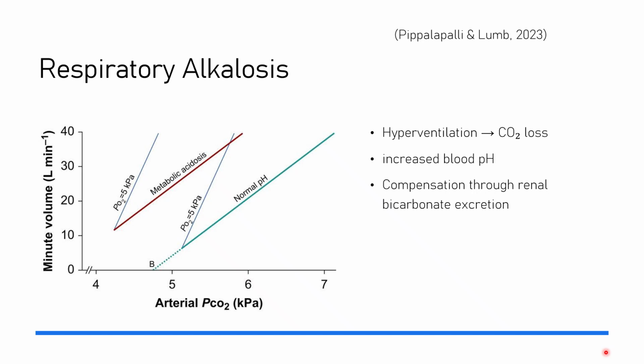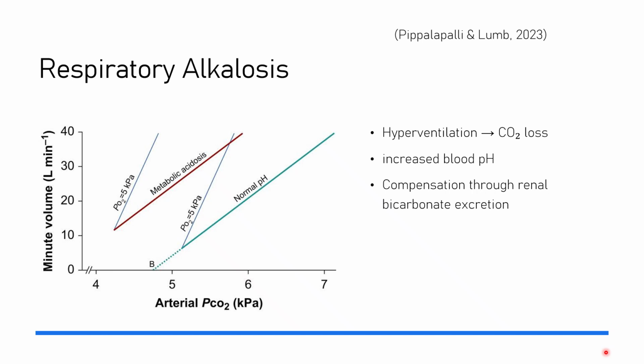Excessive ventilation causes excessive carbon dioxide loss, which results in respiratory alkalosis. This begins to raise blood pH and lowers hydrogen ion concentration.